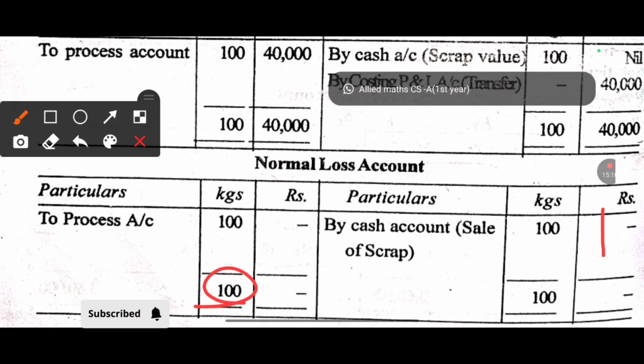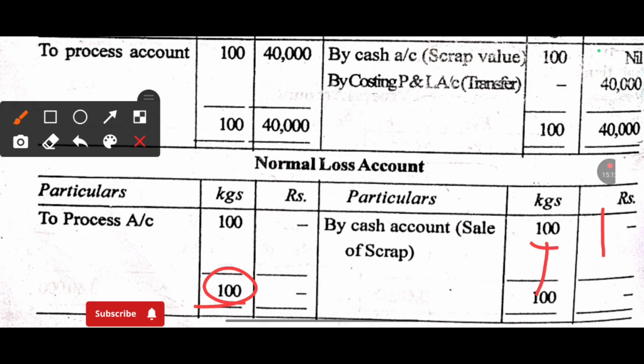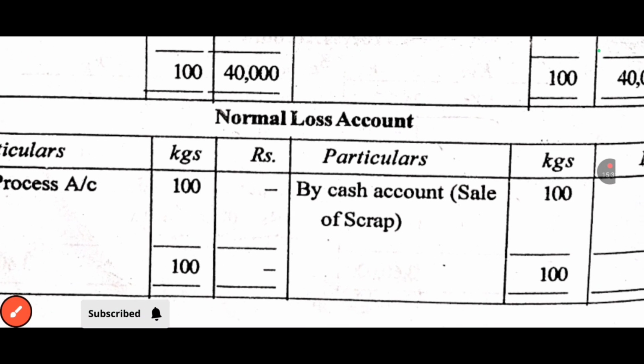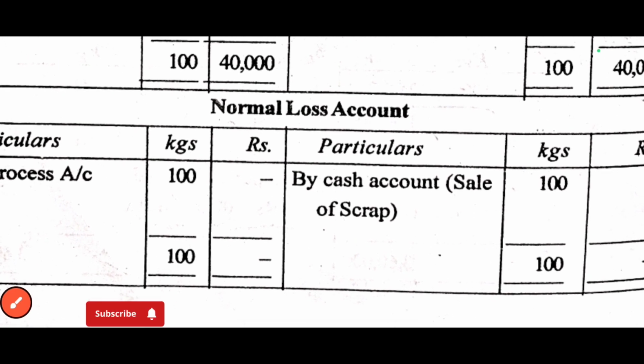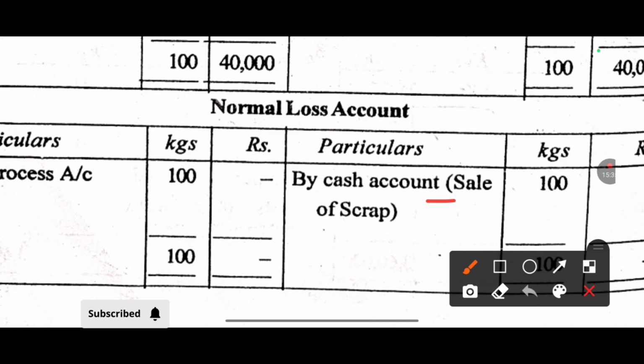Now find out that the 100 kilos are sold through scrap value. Whenever you sell those 100 kilos, you are receiving cash through scrap sales.